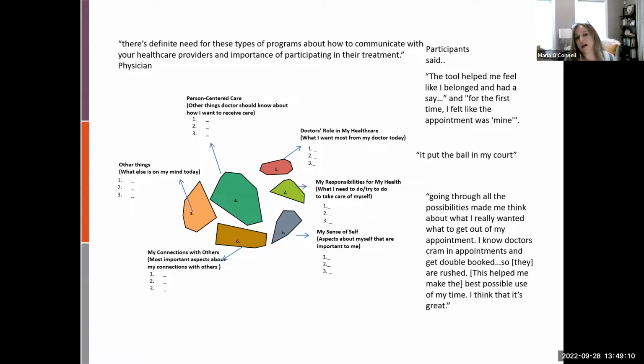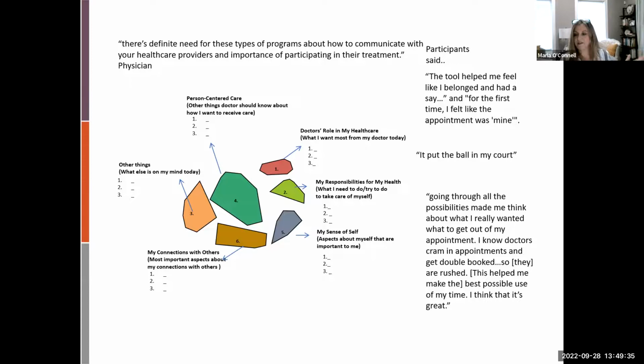So this was not a tool to actually dictate the treatment decisions, but it was a way of communicating and sharing an individual's values and preferences and goals with the provider at the onset of the appointment, so that then the provider looked at this and said, oh, I see that you're concerned about making it to your child's school.